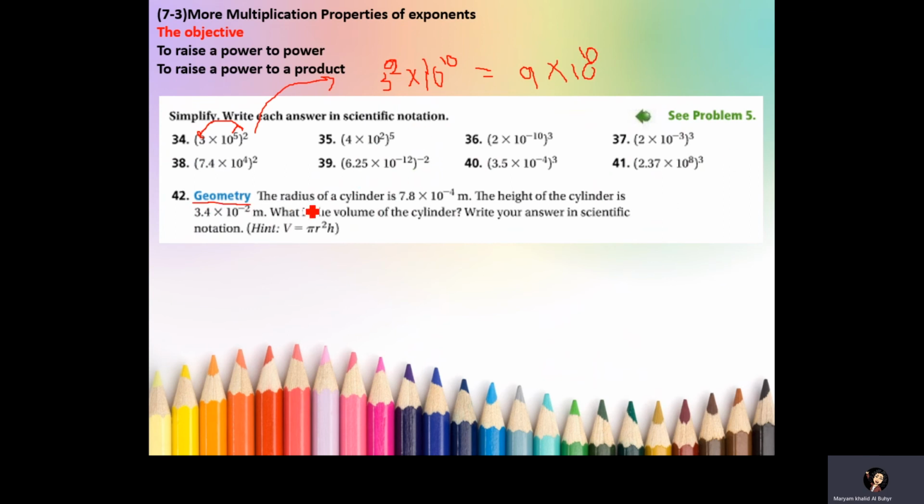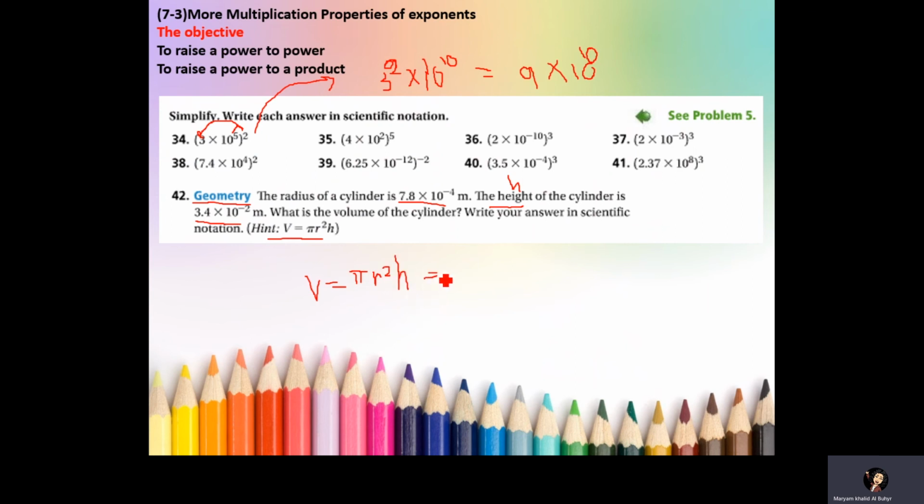But here, if you have something similar to this one, the radius of cylinder is this one. So this is the radius of the cylinder, and the height h of the cylinder is given by this one. What is the volume of the cylinder? And write your answer in scientific notation form if you have this one. So V, it's given by pi r squared h.